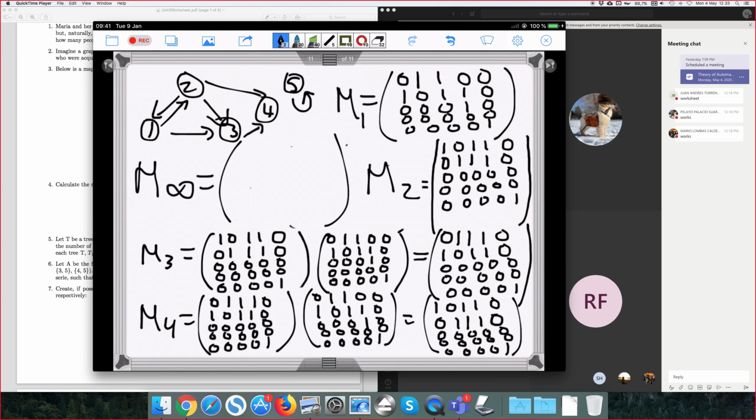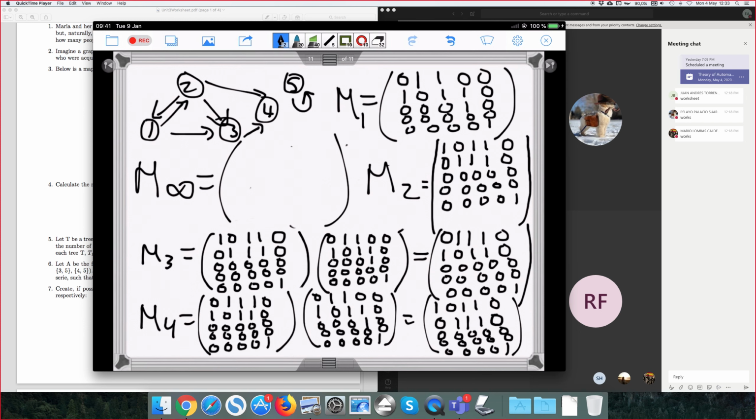Okay, because remember that M0 is the zero order reachability matrix, the matrix that gives us the paths of length 0, and the only paths of length 0 are those that stay in a given vertex. Okay, so those are the paths of length 0, and then we have the identity matrix. Okay, so we need to add all these matrices in a Boolean way together with the identity matrix that will give us ones in the main diagonal.